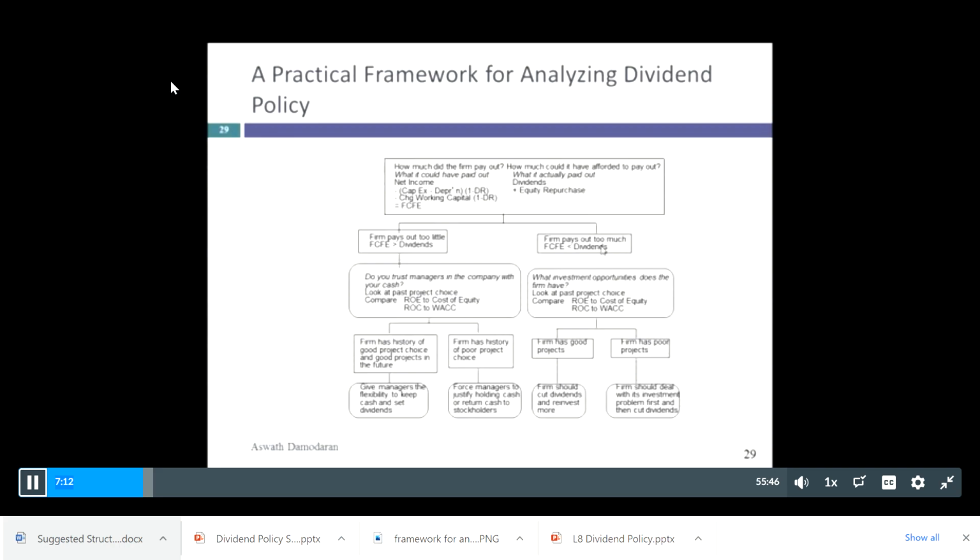On the other hand, if we go through this process up here and we find that our firm's free cash flow to equity is really less than the dividends and the repurchases they've been paying out regularly, well, that's a concern too.